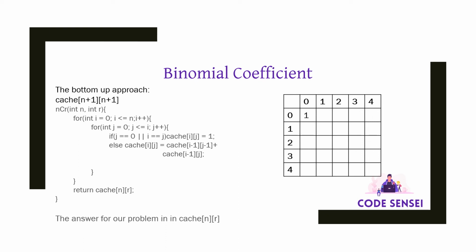Then now the value of j becomes 1, and then the second loop will exit. Now the value of i will become 1 and the value of j will become 0. Since the value of j is 0, 1 comma 0 will be 1.